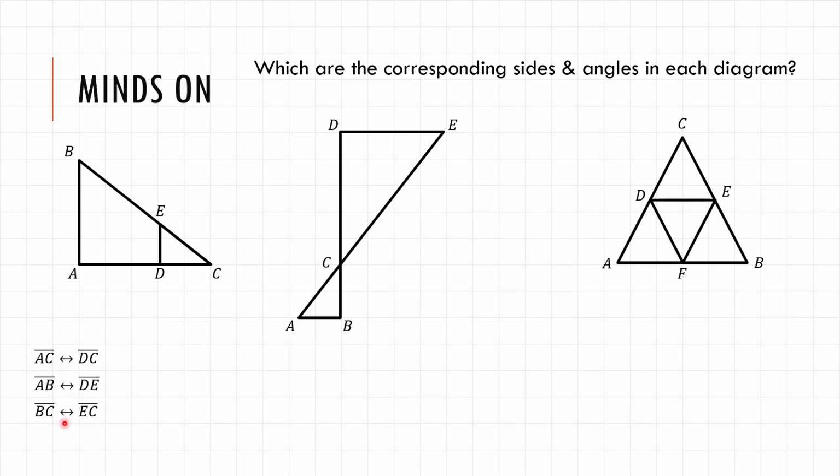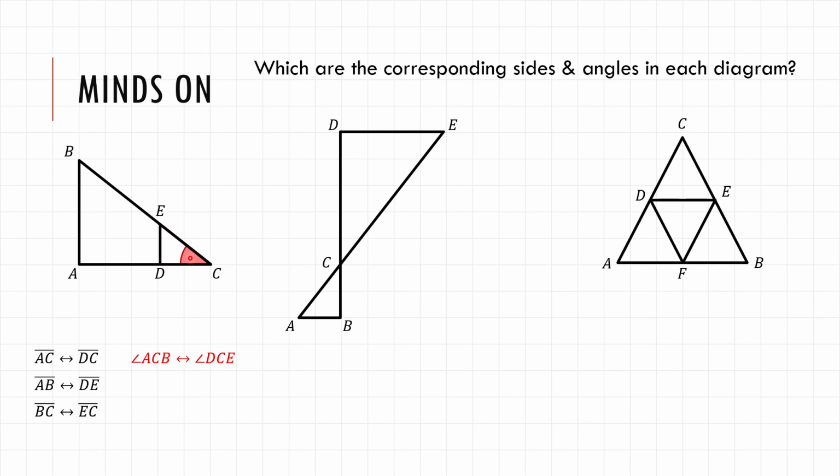Now that we have the side lengths down, let's take a look at the angles. We have an angle over here that is actually shared between both similar triangles. This angle, which I'll call angle ACB, corresponds to angle DCE.